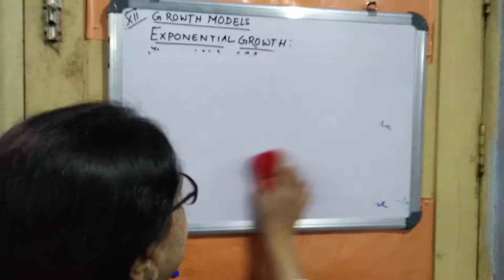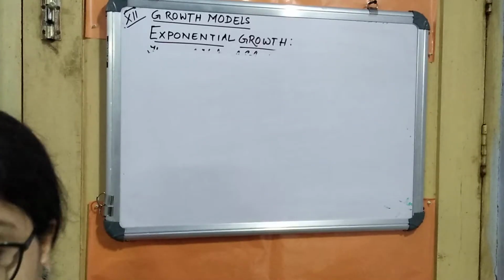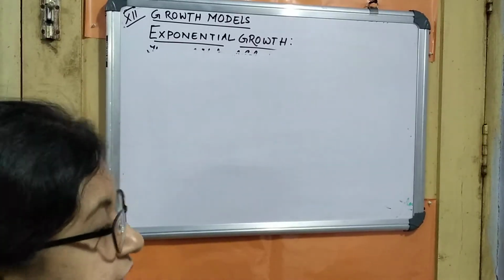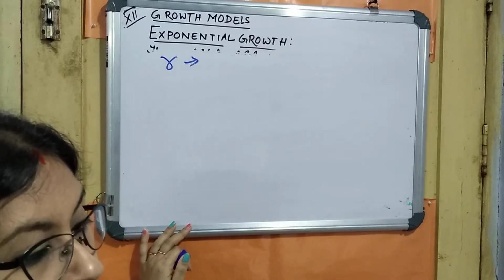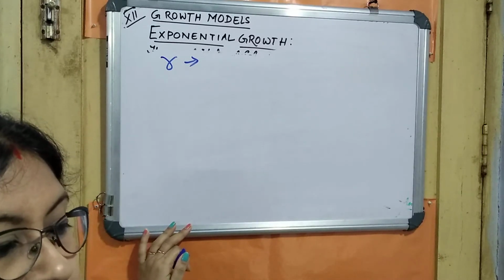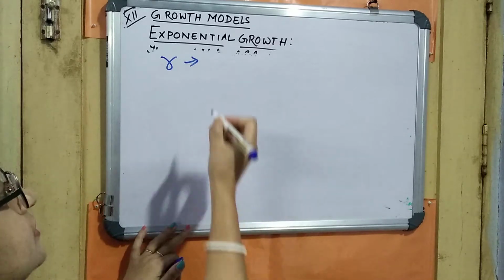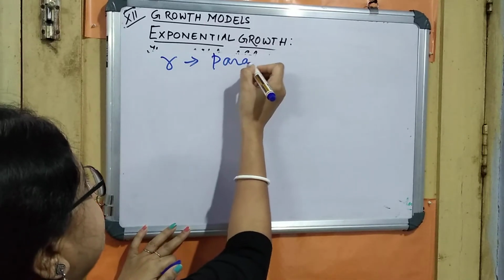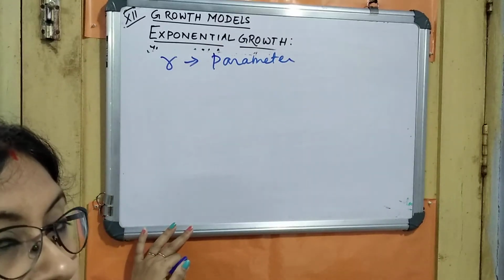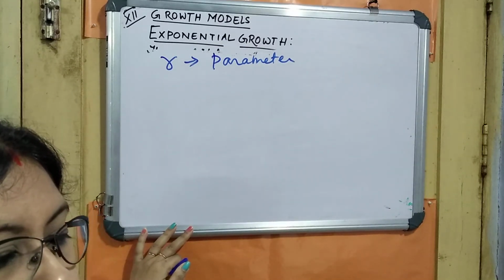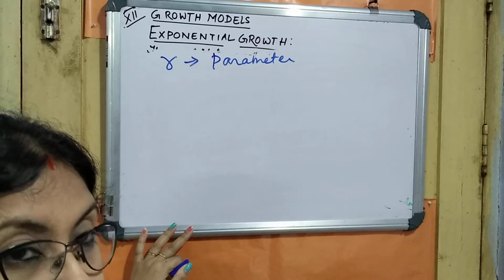When we talk about the graph, we have two axes over here. Now let me make it very clear what r is. As I told you, this r is the intrinsic rate of natural increase. It is a very important parameter which gives us the calculation of the total increase in the population, and this parameter can change.